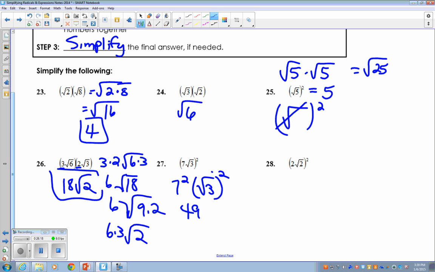And what happens when I square a radical? It cancels out. So what I'm left with? 3. So this is 49 times 3, which will leave you with 147. Okay? So try 28. You have to square the coefficient and you square the radical.